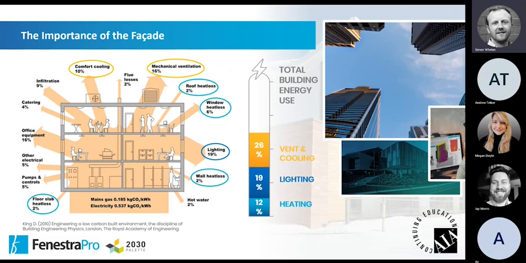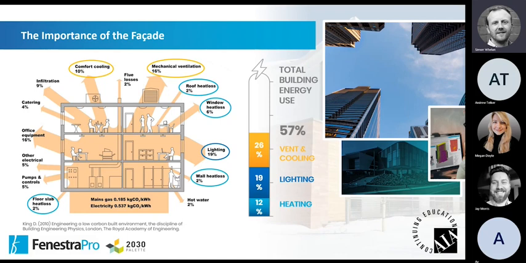So being able to understand them, design for them, and manage them is crucial in the design of an efficient building. All of these three things together is about 57%. So well over half of the building's energy use is directly influenced by the facade.